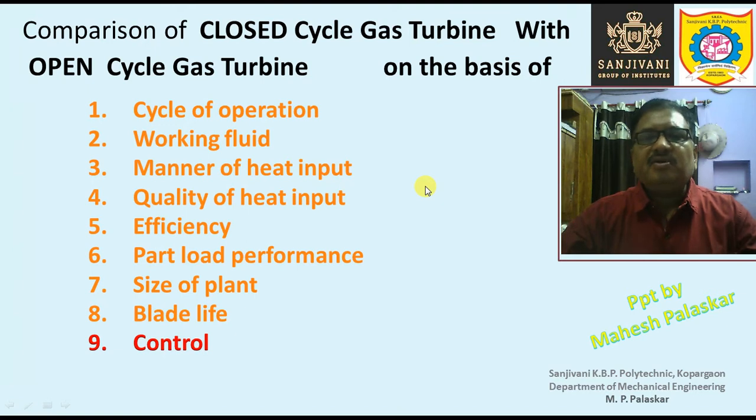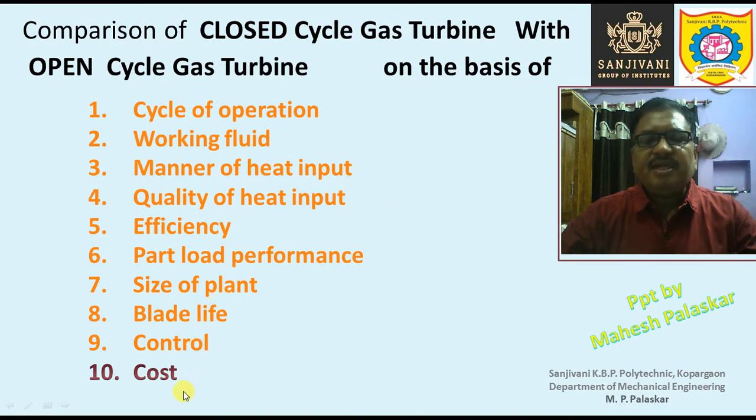Now the control is better in case of the closed cycle gas turbine as compared to the open cycle gas turbine. So control on the power output and the other parameters is better in case of the closed cycle gas turbine as compared to open cycle gas turbine.